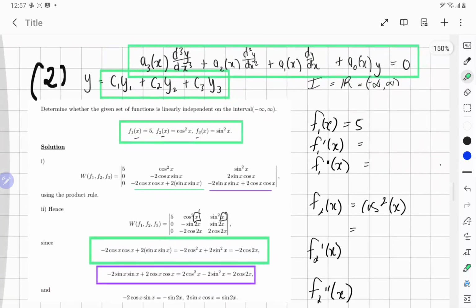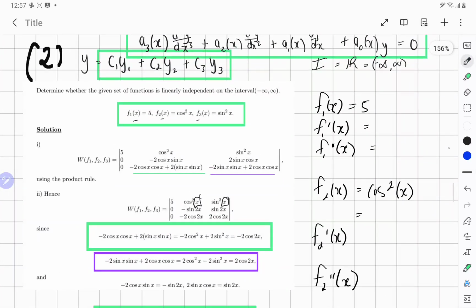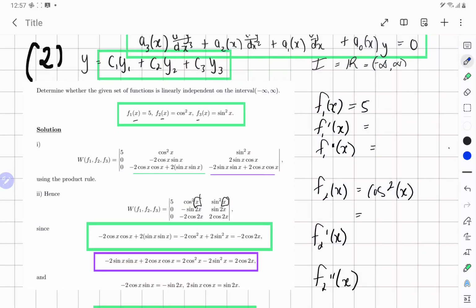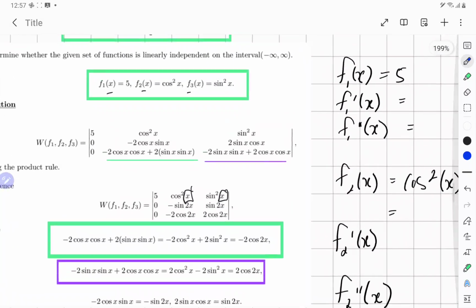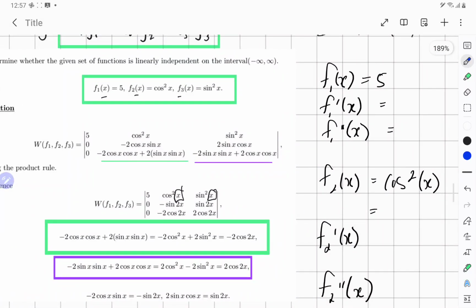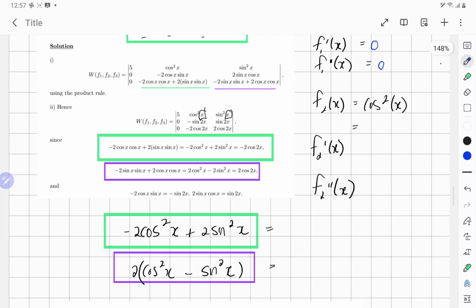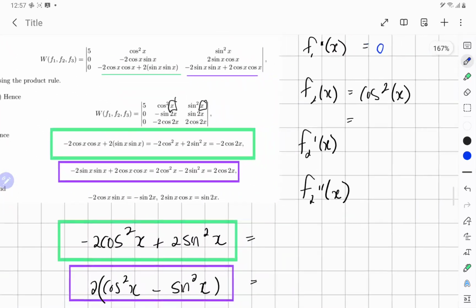Hence what I said earlier, you really need to know your derivatives, and that's why I provided earlier the table of derivatives. Our first function is 5, the first derivative is 0, the second derivative is 0. That's easy. Now our second function is cos squared x.